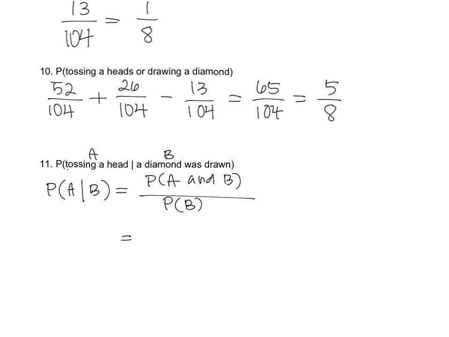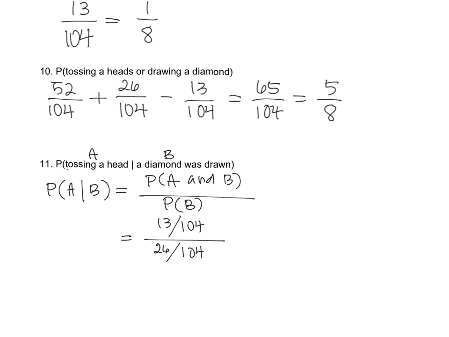So we've already calculated the probability of tossing a head and drawing a diamond. That was 13 out of 104. We then also know the probability of just B, which is the probability of drawing a diamond. We calculated to be 26 over 104.